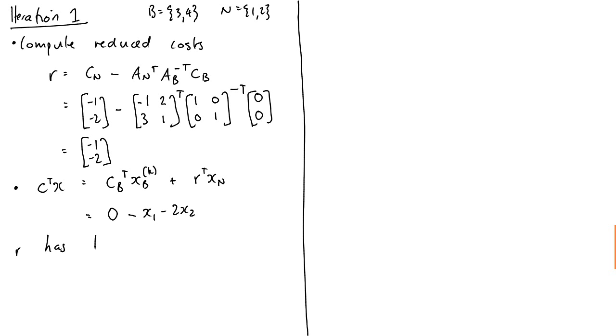And as a standard type of thing, you choose the one with the most negative entry because, well, it sort of seems like you'll get there faster. Okay, like I said last lecture, it's not a hard and fast rule. There are other ways of choosing variables in the simplex method. But that's probably the most standard one, I think. Okay, so r has two negative entries, and -2 is the most negative.